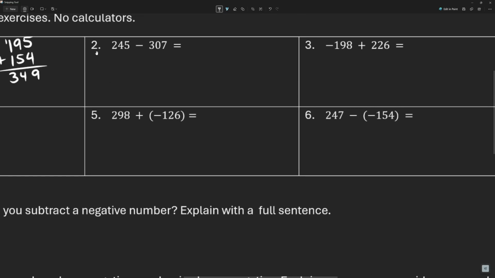A problem like number 2, if you're going to do the vertical method, it's really important that you have the bigger number on top, right? There's another way you can do this. You could also switch it.